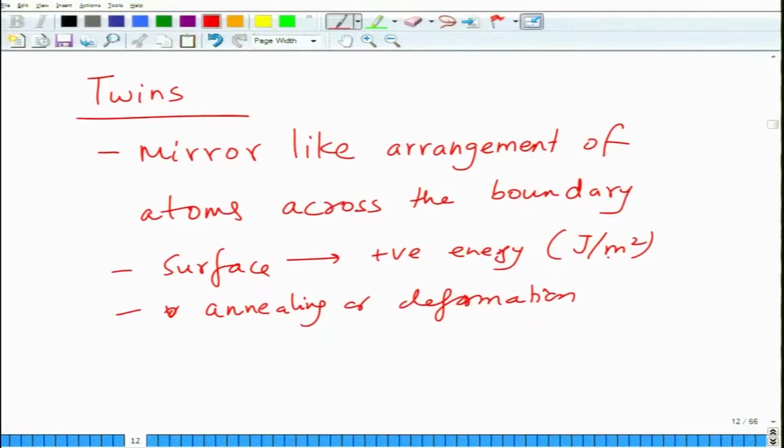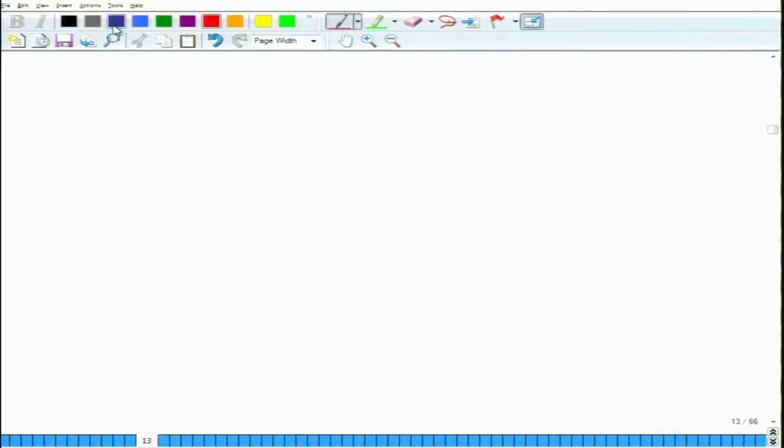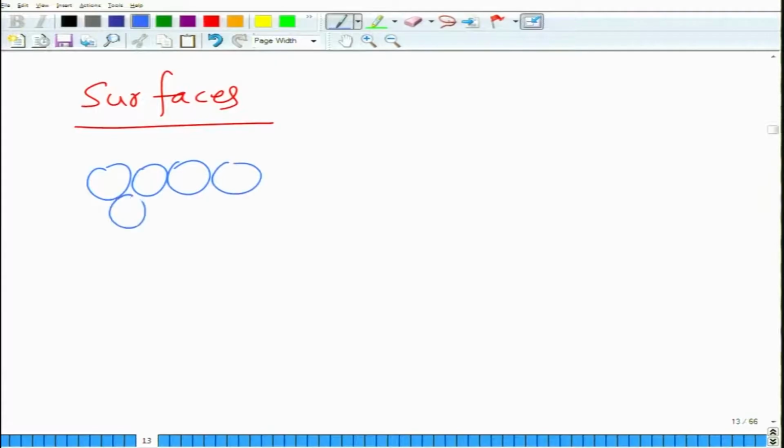Okay. And then finally we will just look at the surfaces. If you look at the 111 surface of copper, each atom has 6 neighbors within the plane.